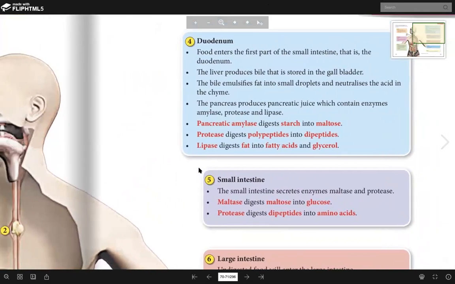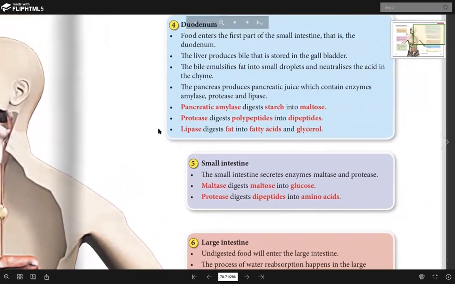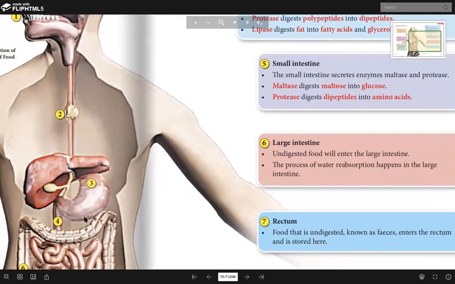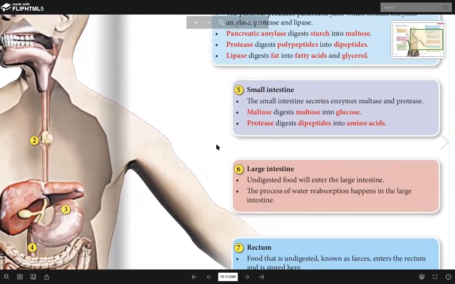Okay, so macam tadi cikgu cakap, pancreas dia akan hasilkan enzim. Ni awak tengok. Enzim apa? Enzim amylase, enzim protease dan juga enzim lipase. Ada 3 enzim yang dihasilkan oleh pancreas dekat duodenum. So enzim tu akan dihantar kepada duodenum.